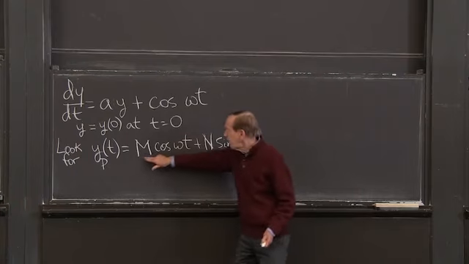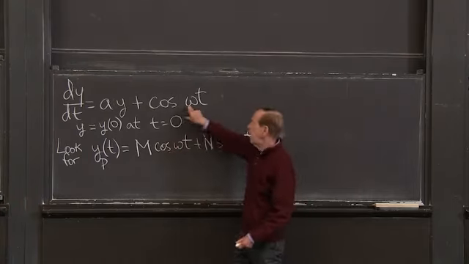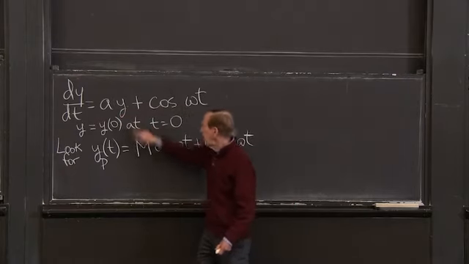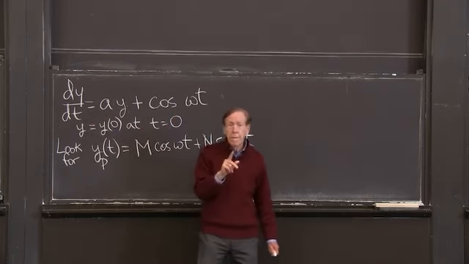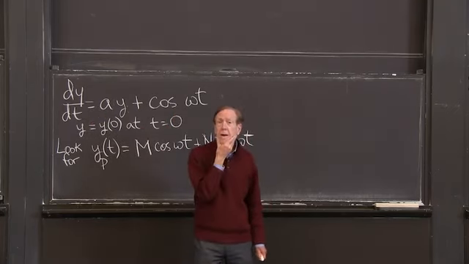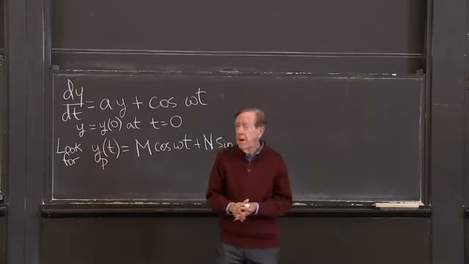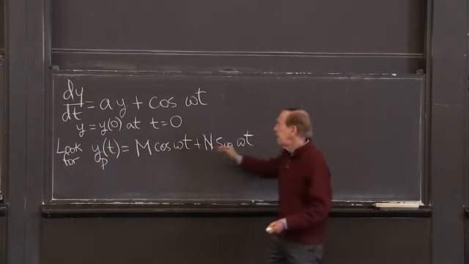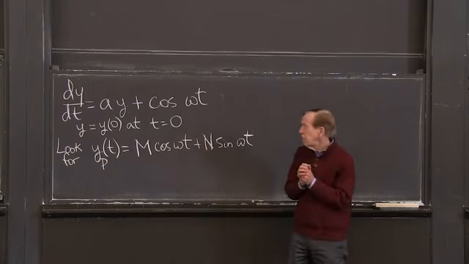Because if I tried only the cosine part, I'd have a times the cosine, but the derivative of a cosine is a sine function. So sines are going to get in there, and we have to allow them into the solution. Okay, so that's the right thing to assume.